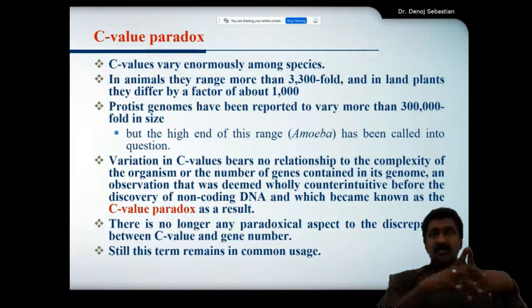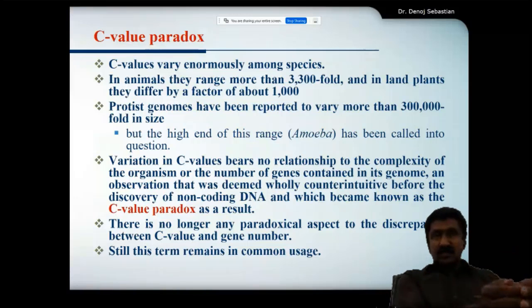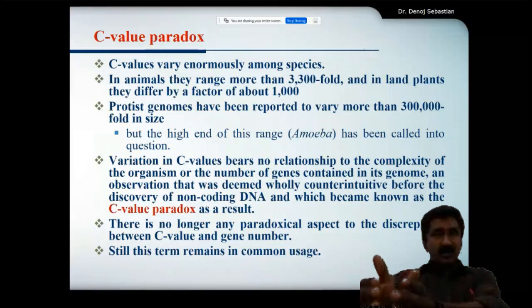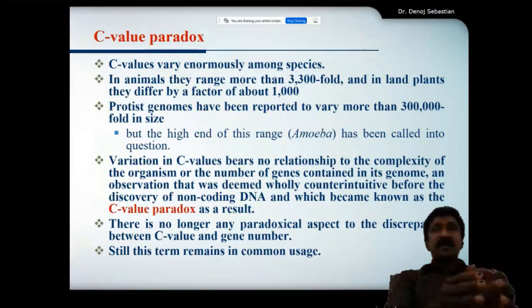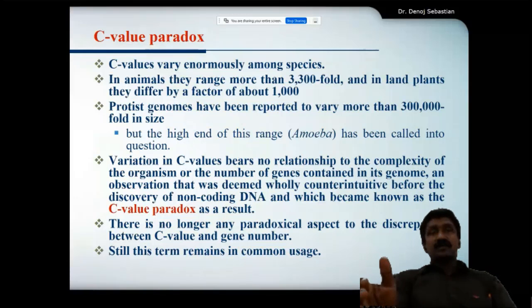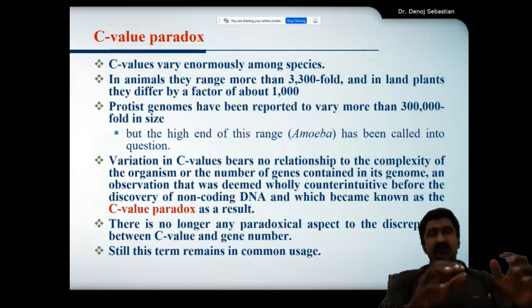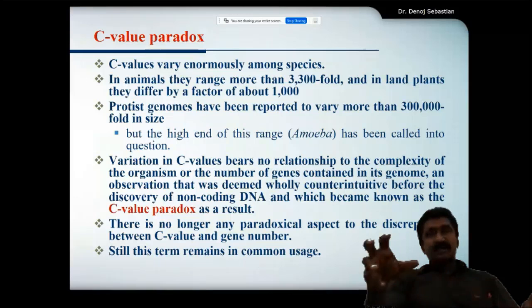The protist genomes have been reported to differ by more than 3 lakh fold in size. So the lower size genome of the protist and the higher size genome of the protist differ by 3 lakh fold magnitude. But it is not an undisputed fact, because the largest genome of the protist range is actually attributed to some amoeba.